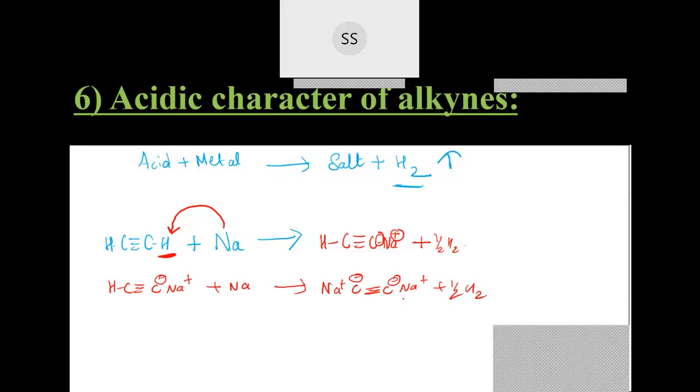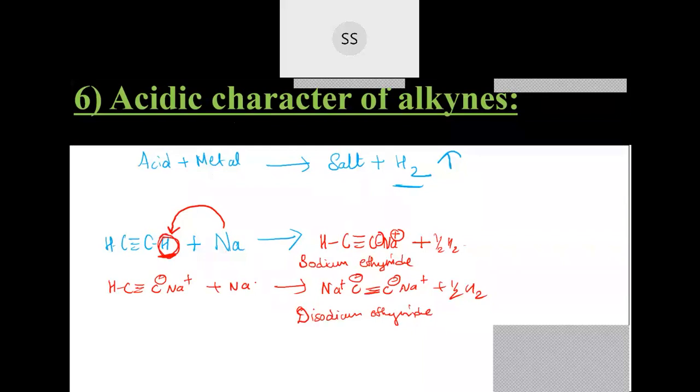The name of the first compound is sodium ethanide, since 2 carbons are there, and here, with 2 sodiums, disodium ethanide is formed. So this indicates that the carbon-hydrogen here is acidic in nature. The hydrogen directly attached to the carbon is acidic because when made to react with highly reactive metals, they give us hydrogen gas.